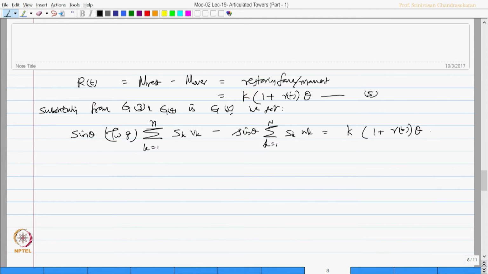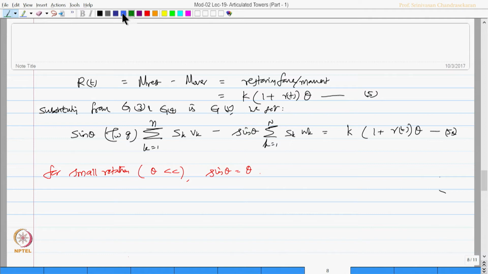I call this equation 5 after substitution, let us say 5a. Now, for small rotations, that is theta being very very small, sin theta can be said as theta.